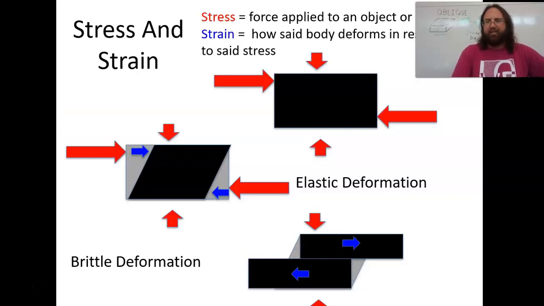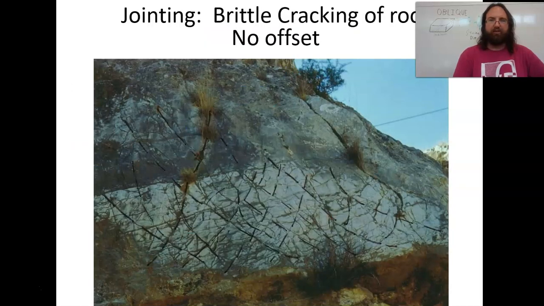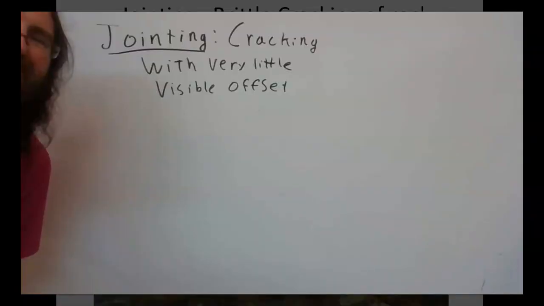So now we're going to go back to what we did during our earthquakes lecture and take a closer look at stress and strain. We have our elastic deformation, our brittle deformation, and generally the first thing you see in deformation is something we call jointing. So what we saw in the picture was jointing. Cracking with very little visible offsets.